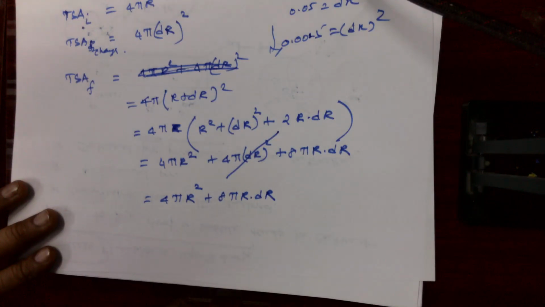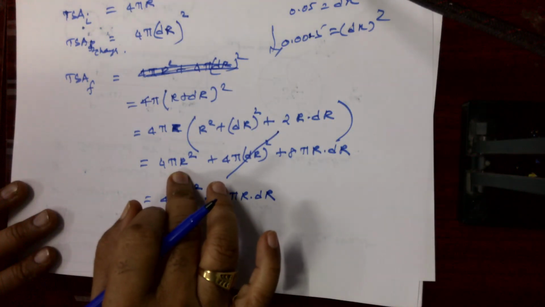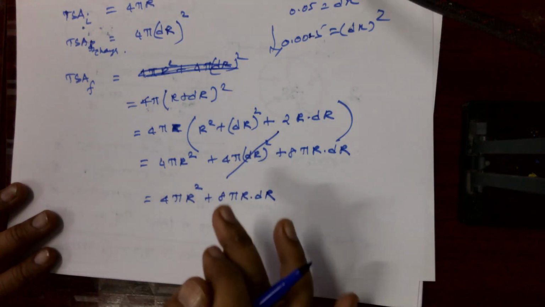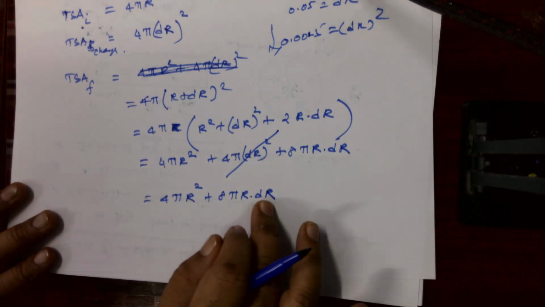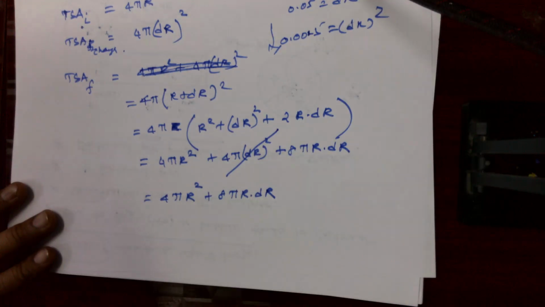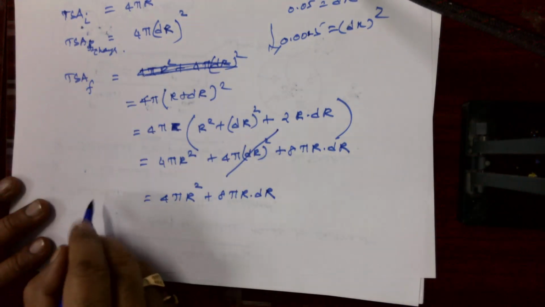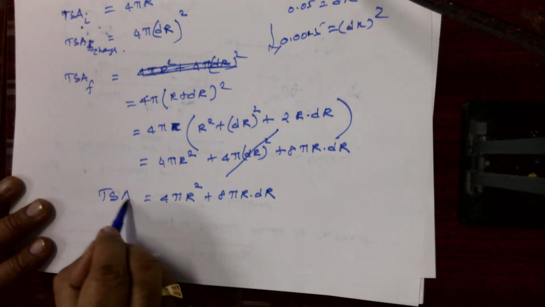Got it. So what are the factors you have got? 4 pi r squared is there, and then 8 pi r into dr. So this is the final surface area.